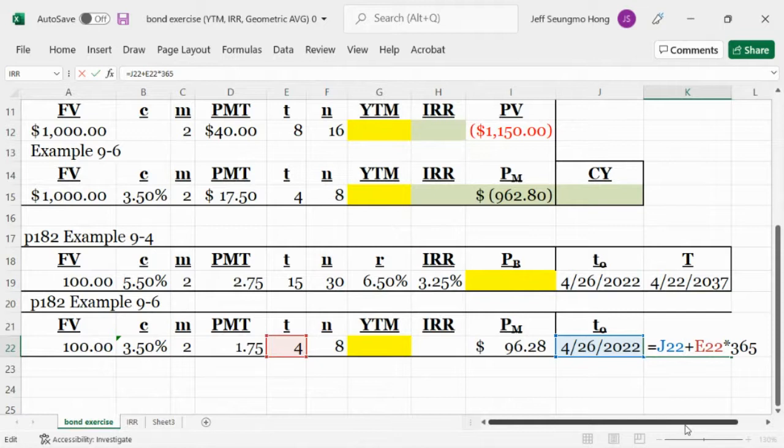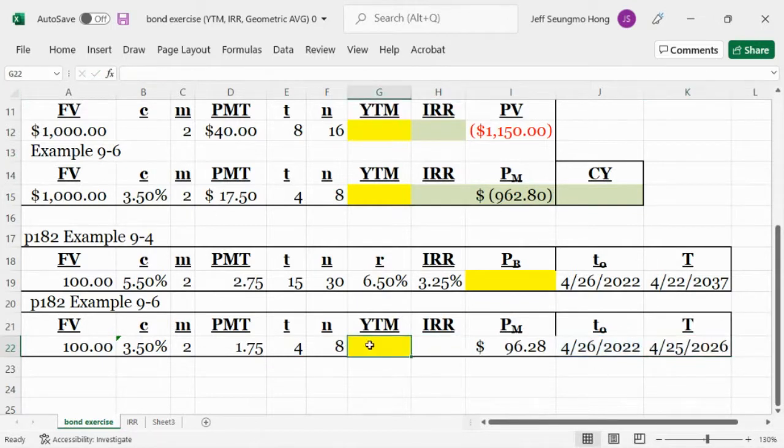You have to do it by 365, because the computer's calendar recognizes time by date. So in other words, 4 years later, I cannot just add 4 to that, because the computer will recognize it as 4 days, not 4 years. So I have to multiply it by 365.